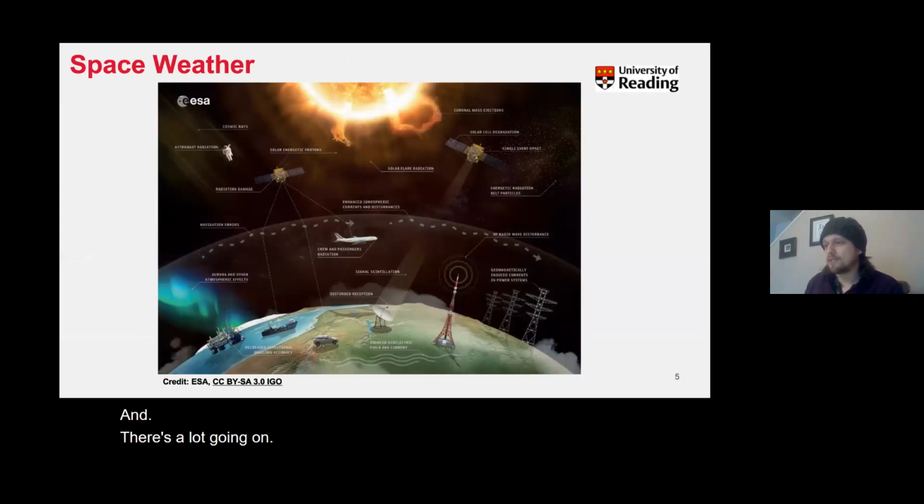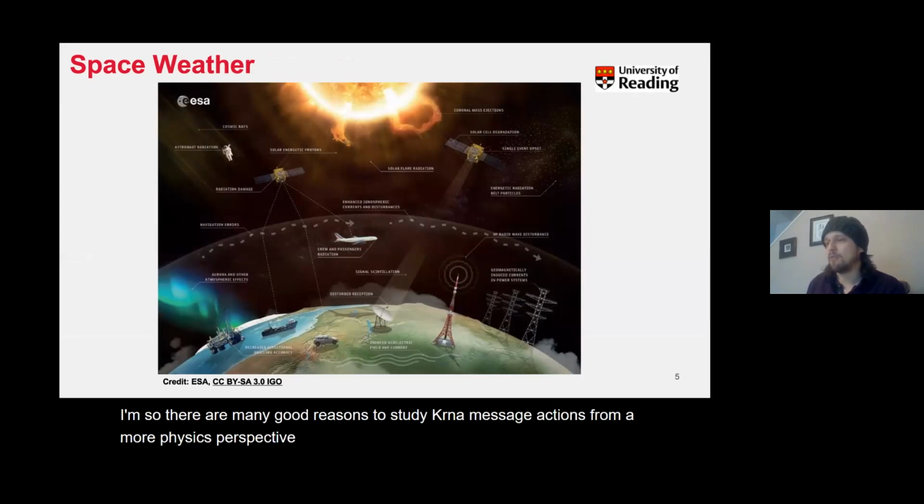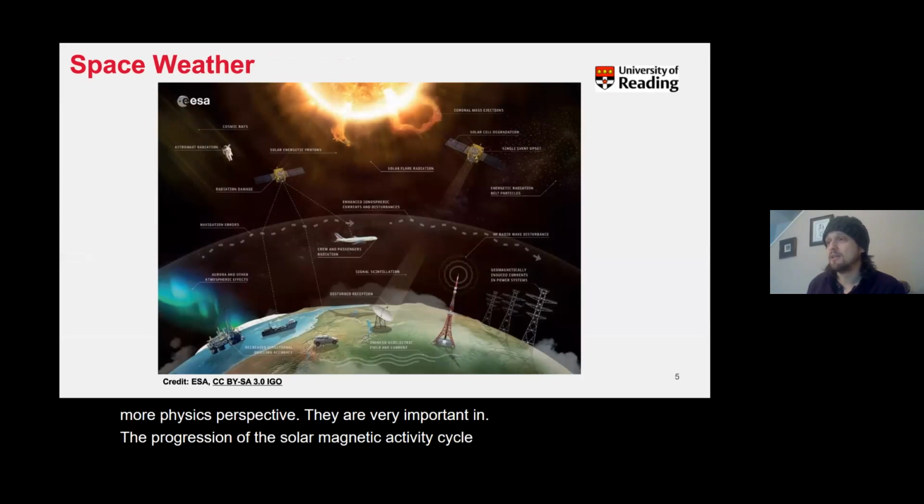There are many good reasons to study coronal mass ejections. From a more physics perspective, they are very important in the progression of the solar magnetic activity cycle, as CMEs drag out magnetic flux from the corona into the heliosphere. It plays an important role in the evolution of the sun's magnetic field.